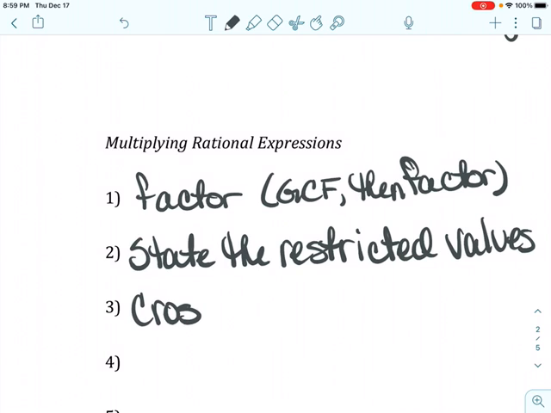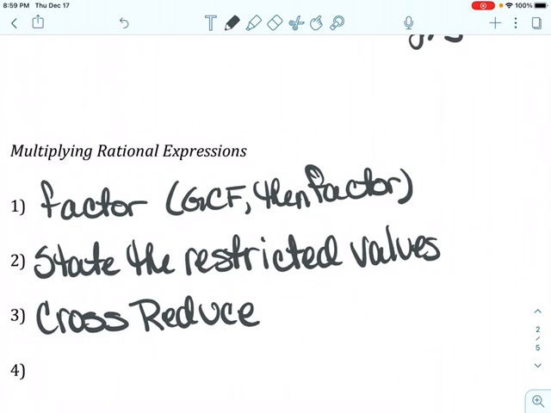Now I call it cross-reduce. I'm sure there's probably a more mathematical name for that. Now this means that you're going to be able to reduce, divide out the common expressions, and you can do it diagonally.